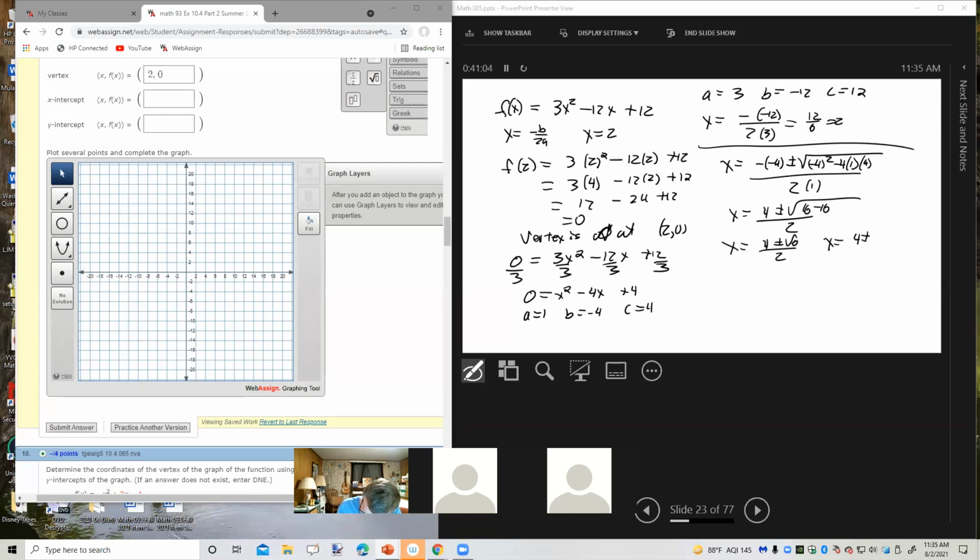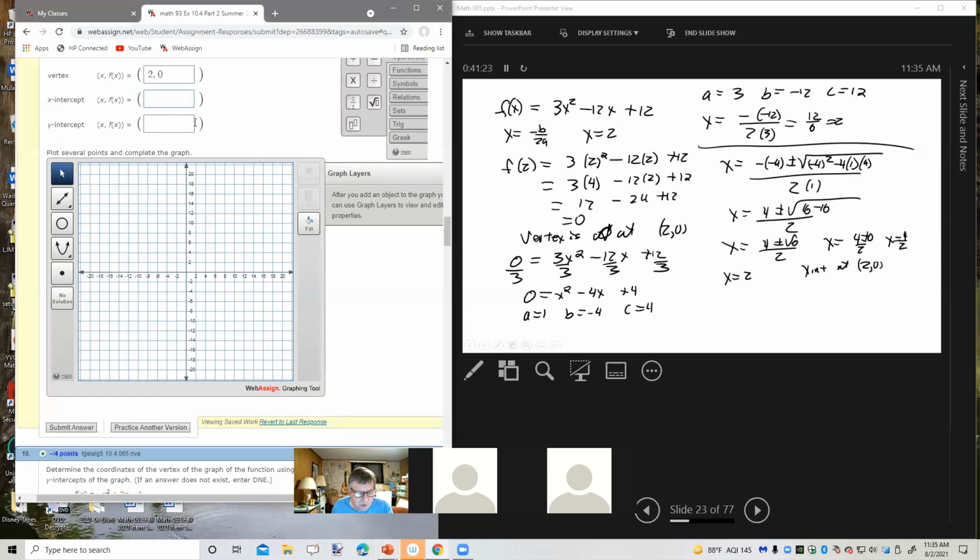X equals 4 plus or minus 0 over 2. X equals 4 over 2. X equals 2. Oh, there's only one x-intercept, and that's at 2, 0. So x-intercept at 2, 0, because there's a repeated root. And notice that the x-intercept is also the vertex.